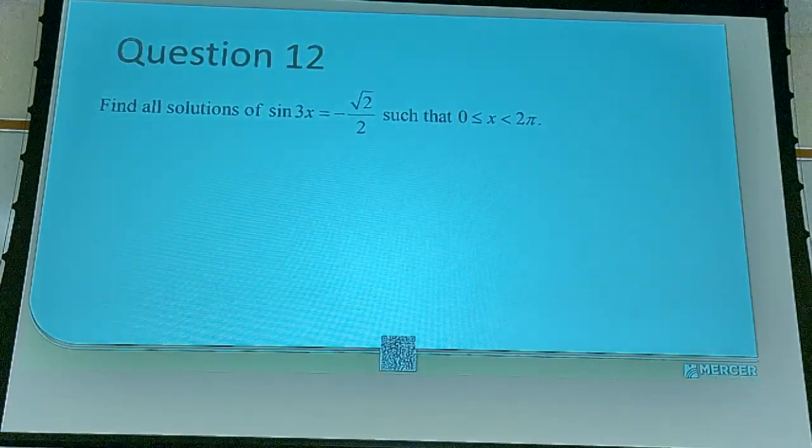What if it's not? Sine of 3x equals -√2/2. Now, believe it or not, a problem like this isn't actually that difficult. First thing to note, we know that we want our x to be between 0 and 2 pi.